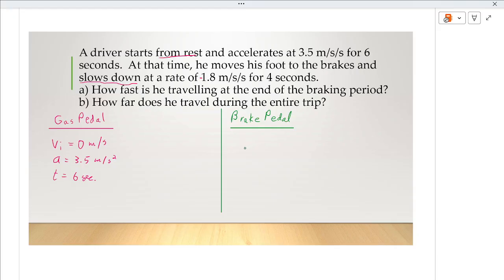What do they tell us about that? Here's where we'll switch to green, because it says at that time, meaning after 6 seconds, he moves his foot to the brakes. Then he slows down and it gives us a rate. We see that it's meters per second squared, so we know that that's an acceleration.